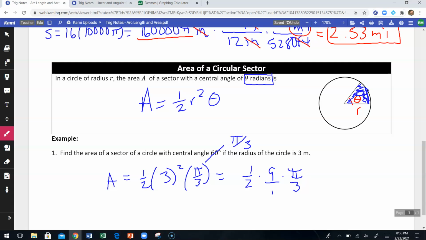If it helps, put that 9 over 1. And then essentially what we've got here is 9 pi over 6, which reduces to 3 pi over 2.